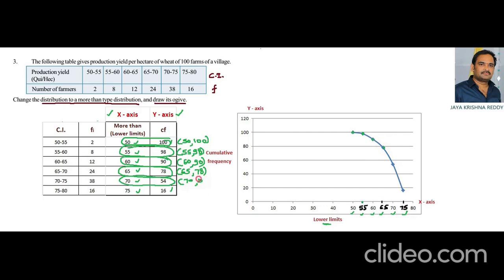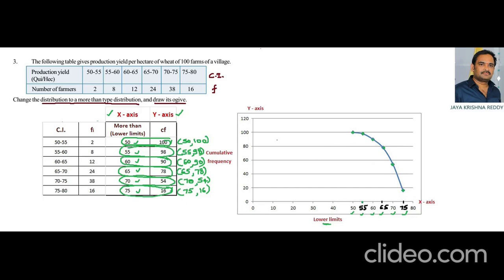The last point is 75 comma 16, x value 75, y value 16. By joining each two consecutive points with a line, we will get this more than ogive.